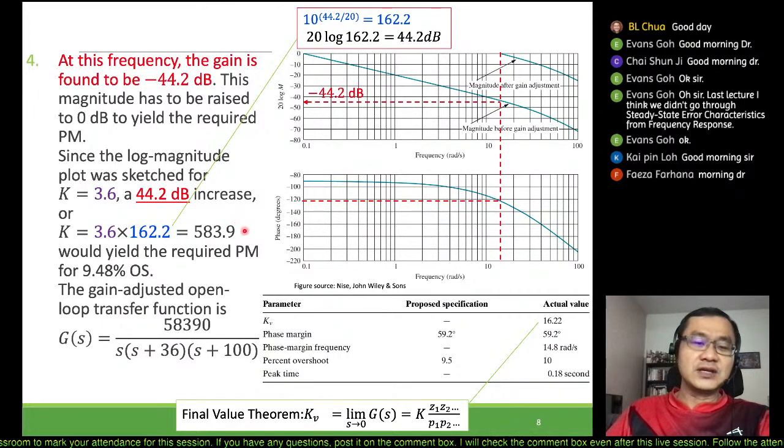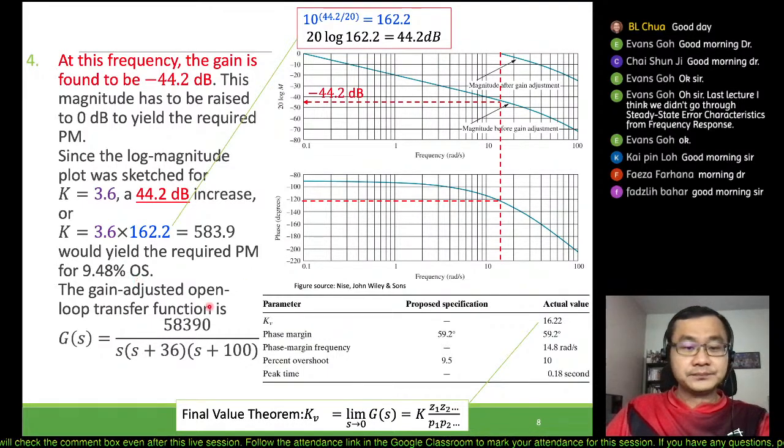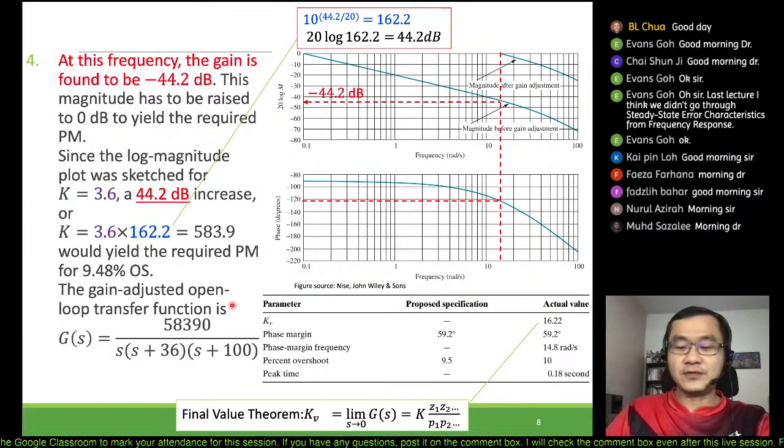If we double check again, that gives us roughly 9.48 percent overshoot. So this would be the gain adjusted open loop transfer function after you have performed this.